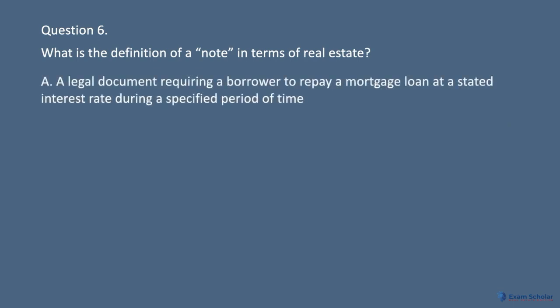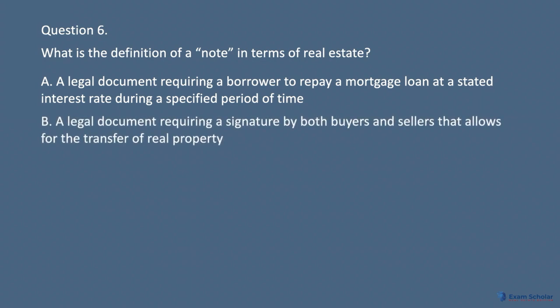Question 6. What is the definition of a note in terms of real estate? A. A legal document requiring a borrower to repay a mortgage loan at a stated interest rate during a specified period of time. B. A legal document requiring a signature by both buyers and sellers that allows for the transfer of real property.